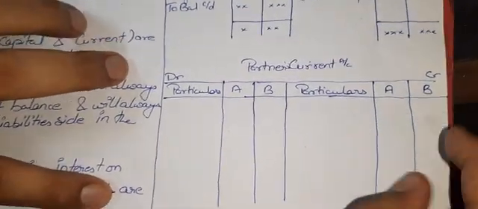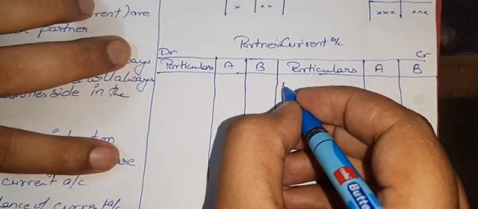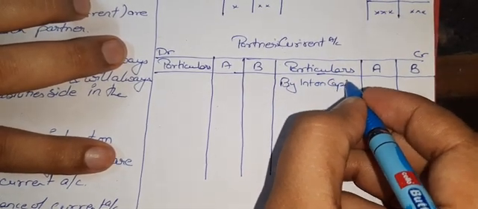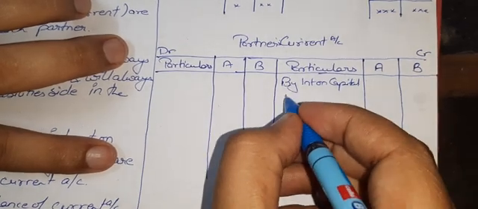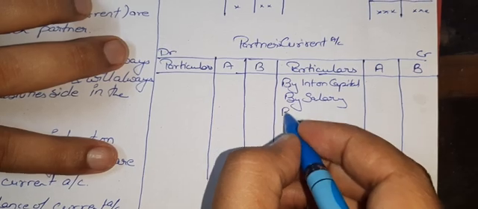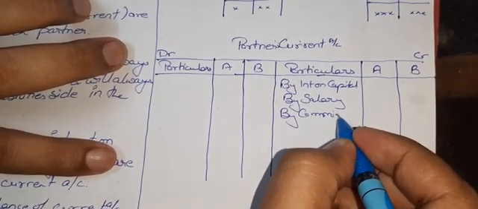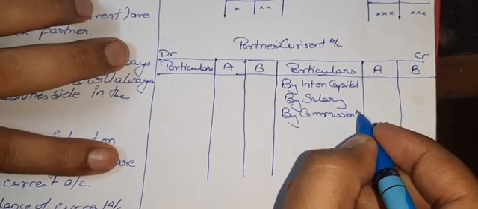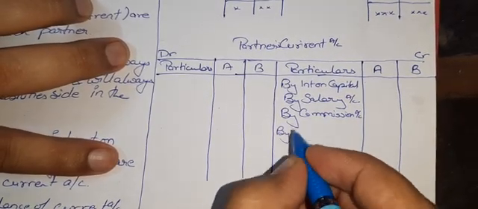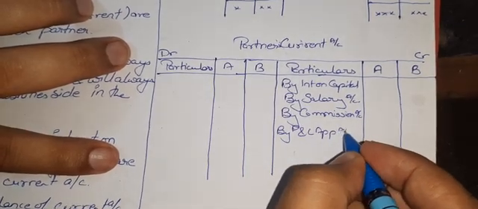On the credit side, whatever is received by the partners is written, such as by interest on capital, by salary, by commission account, and if there is a profit, by profit and loss appropriation account.